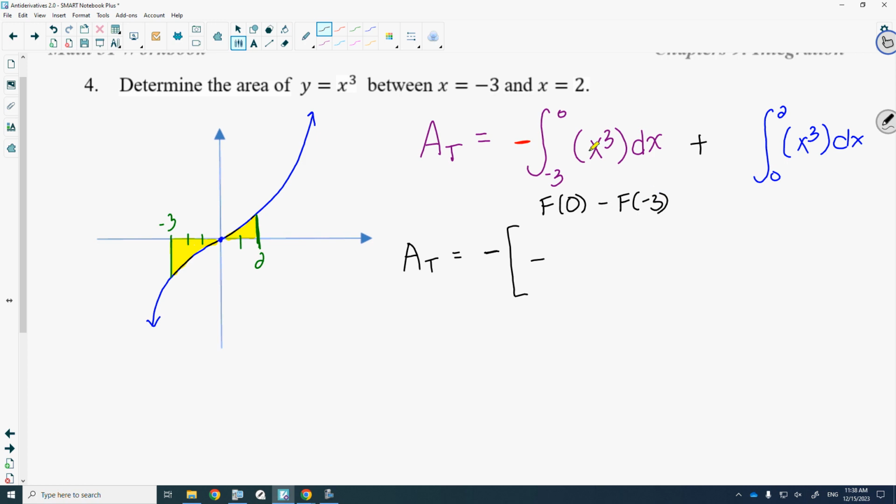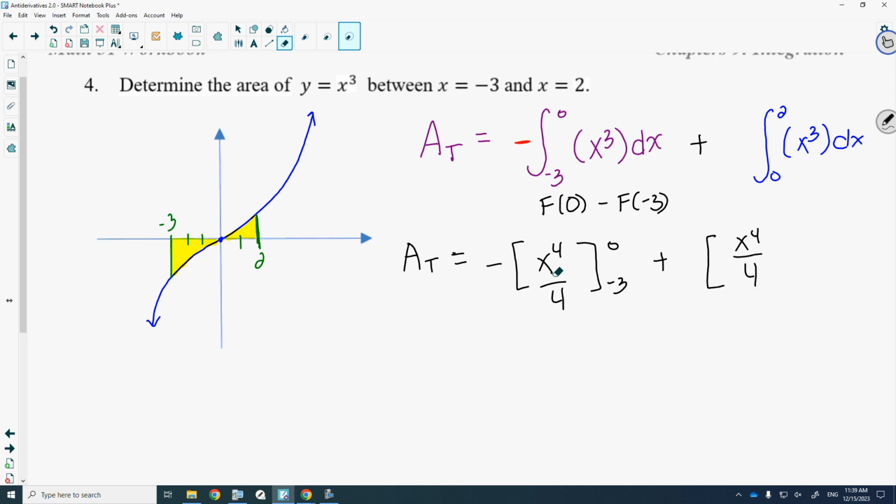Oh no, I forgot to write the antiderivative. So area total is equal to negative x to the 4 over 4 from -3 to 0 plus x to the 4 over 4 from 0 to 2.